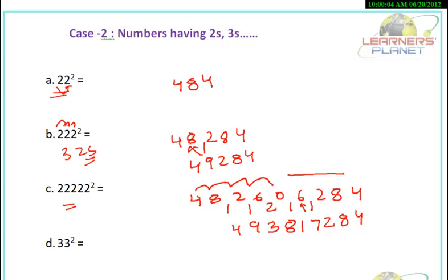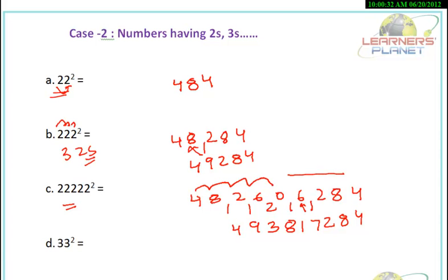It's 49381724. You can try for more 2's, and then you can cross check with your calculator or whatever device is available with you. But you have to practice on your own and bring the methods into your day-to-day calculation. Then you'll be habitual of applying these methods, and you'll gain the confidence of application.